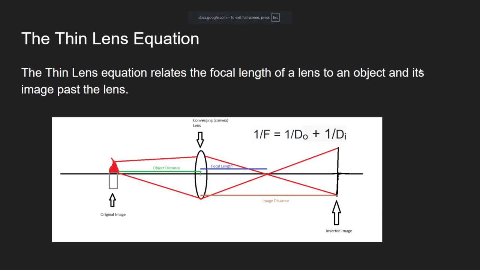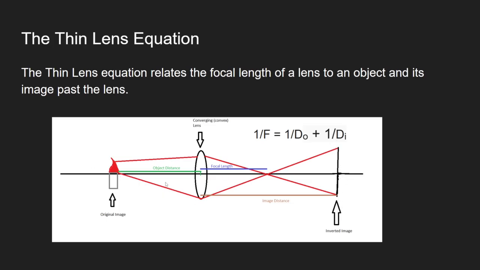So now I'm going to talk about the thin lens equation. The thin lens equation relates the focal length of a lens to an object and its image through the lens. If you look at this diagram here, I know it looks a bit confusing. You have your object over here, which in our case is a flame or a candle, and you have a converging lens, or convex lens, here, and you have a plane here that has the inverted image on it.